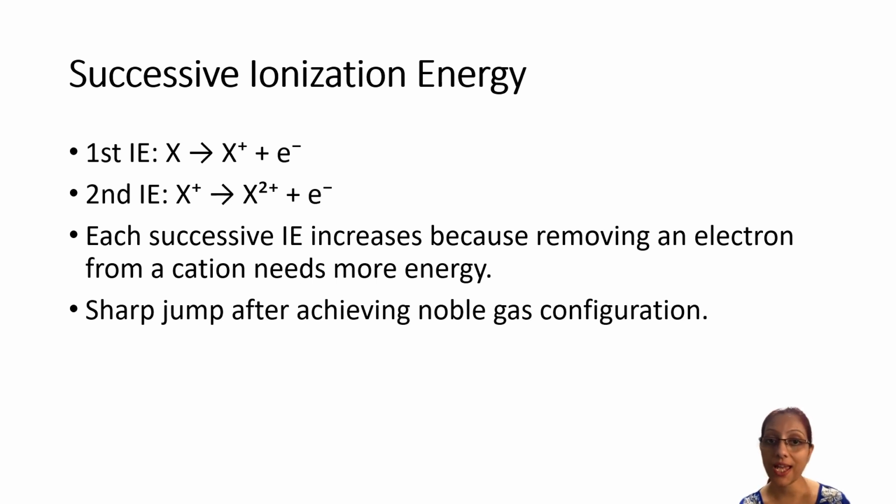If we try to remove another electron from sodium, it has to come from an inner completely filled shell. So the second ionization energy jumps sharply from the first, and this big jump tells us that the first electron was in the outermost shell, while the next one is in a much more stable inner shell. So studying successive ionization energies helps us identify the number of valence electrons and understand the stability of electronic configuration.